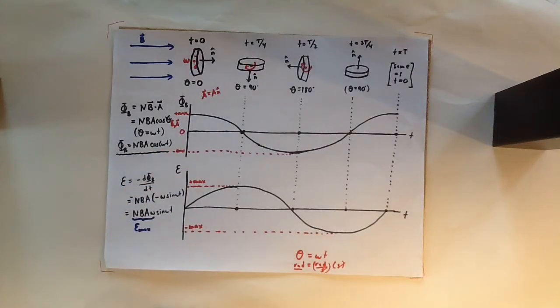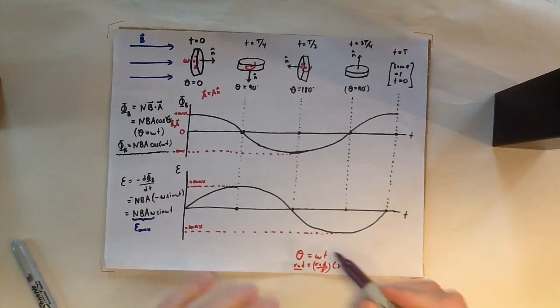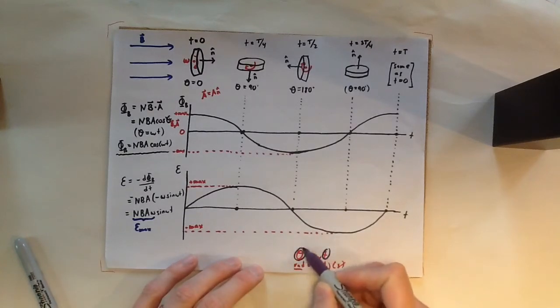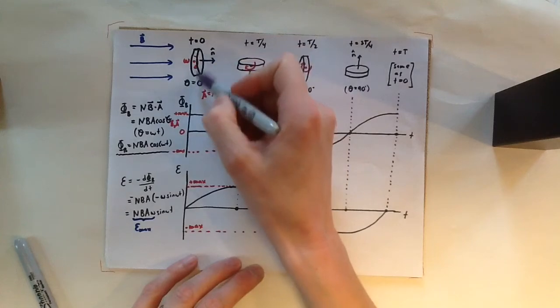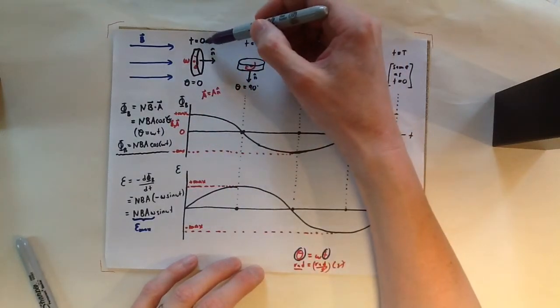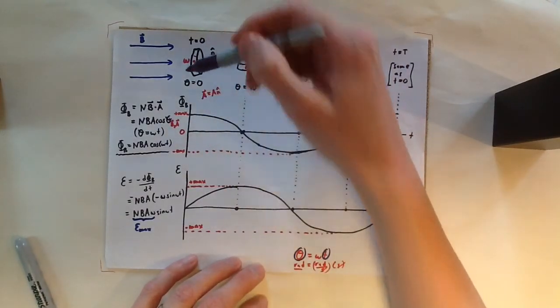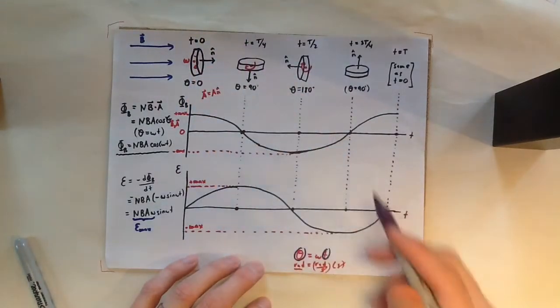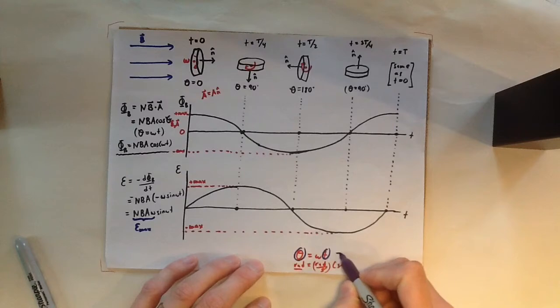Now, of course, looking at this equation, this does assume that at t equals 0, theta is 0, so my clock does start in this orientation. When t equals 0, theta is 0. If you don't like your clock starting at this particular position, you can use what's called a phase angle here.